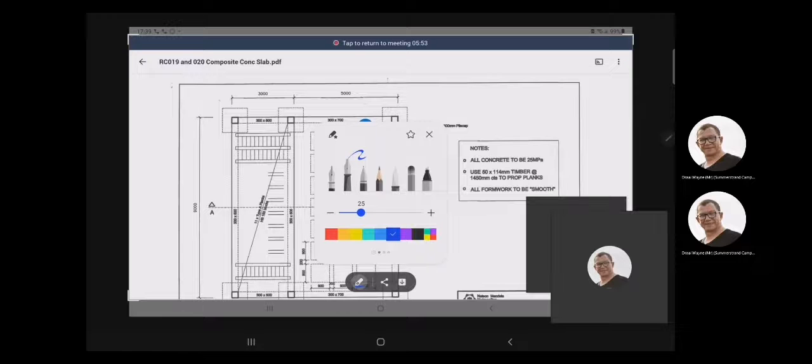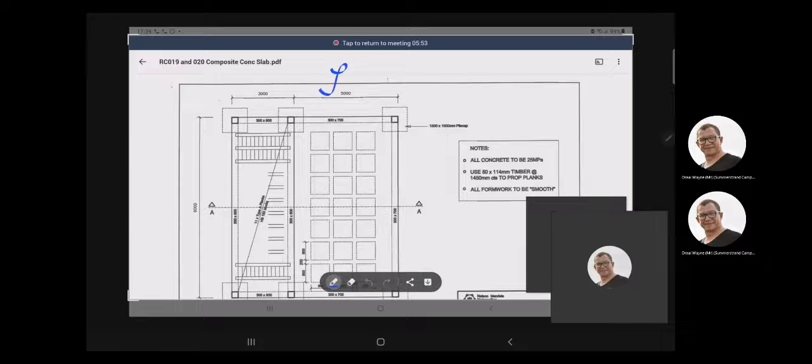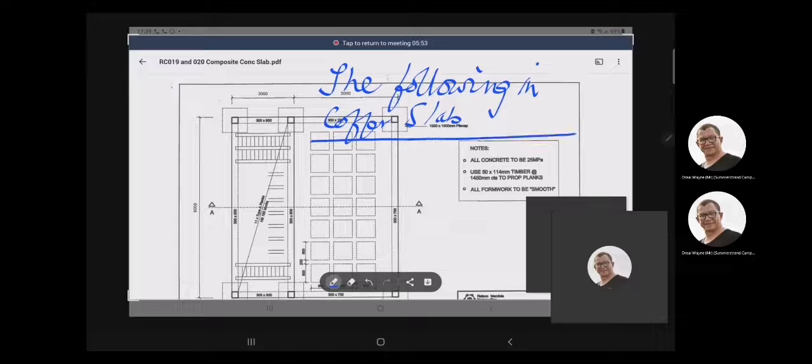My description would start out by saying the following in my coffer slab. That is like a subheading that I would have here.